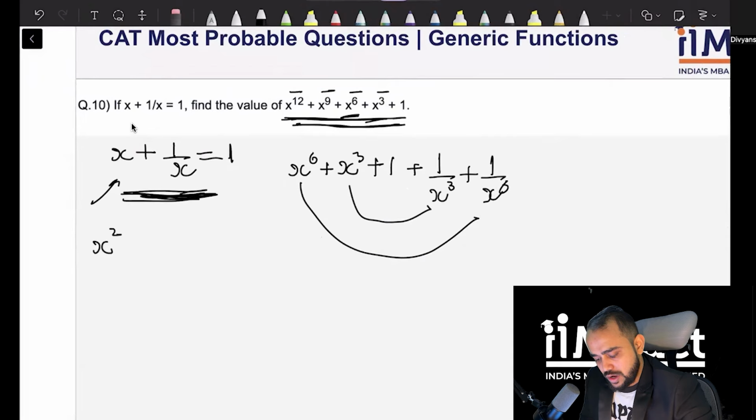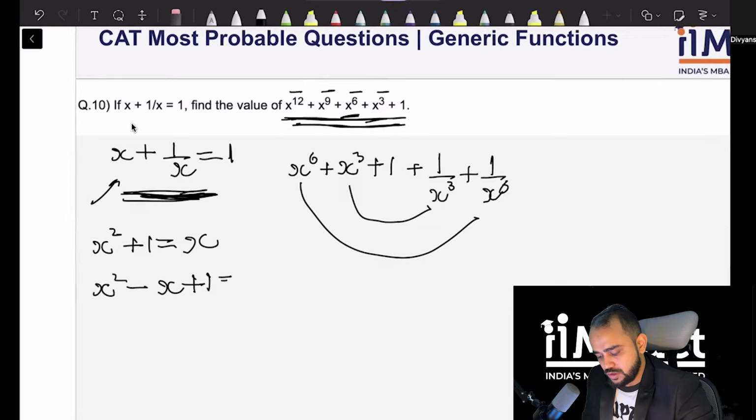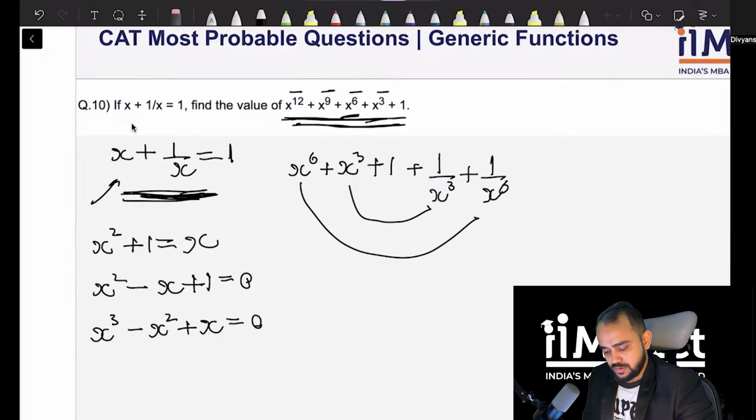We'll get x square plus 1 is equal to x. So this will give me x square minus x plus 1 is equal to 0. Now, if I multiply both sides with x, I will get x cube minus x square plus x is equal to 0. Now, x cube turns out to be x times x minus 1.